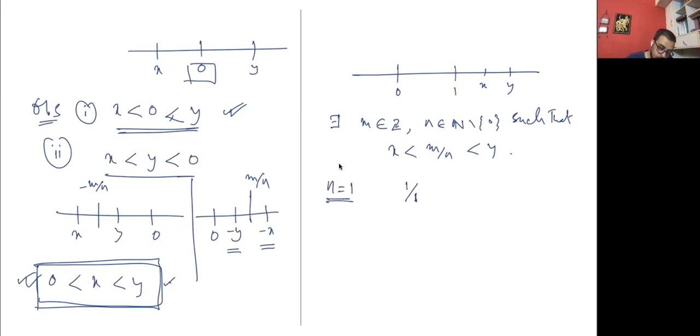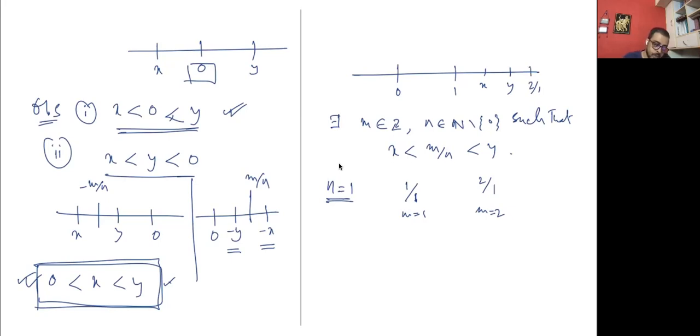Then here m equals 1. So the next one with denominator 1 is going to be 2. Okay, so the way I have drawn the picture, maybe that would be bigger than y. So 1 is less than x, but 2 is bigger than y.